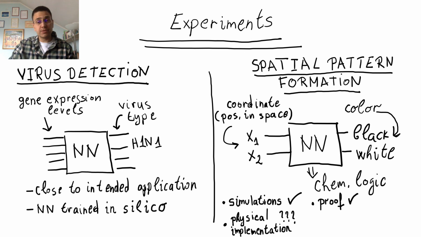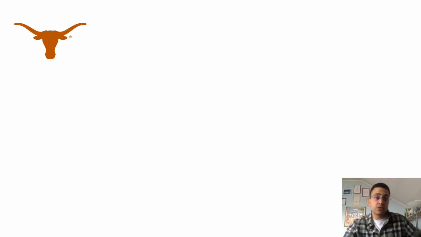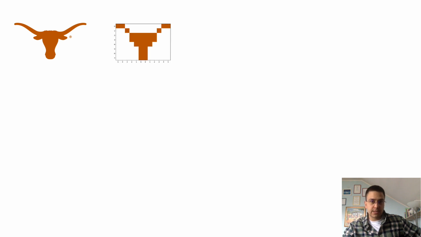But one question remains: can we actually physically implement this? And I'm excited to say that the answer is yes, we can, and we did so. We used this pattern, which represents the UT logo of the Longhorn, and we discretized it.